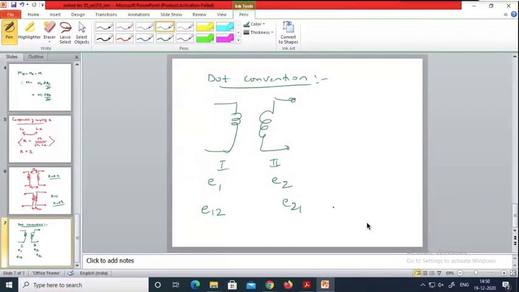Similarly, E21 is the mutually induced EMF generated in coil number 2 due to the current changing in coil number 1. This is how you can understand E1, E2, E12 and E21.